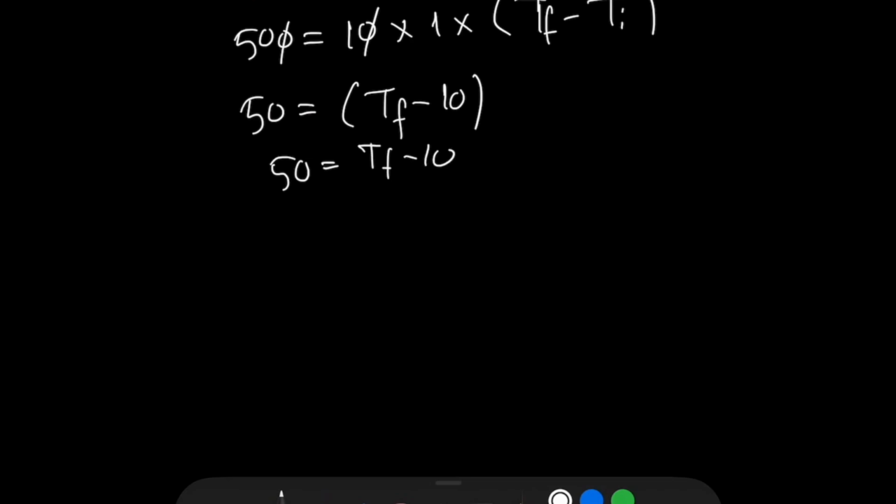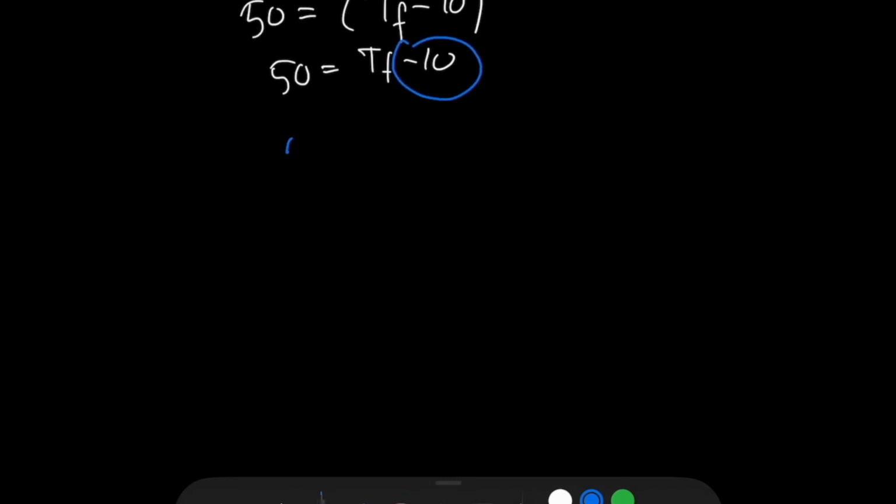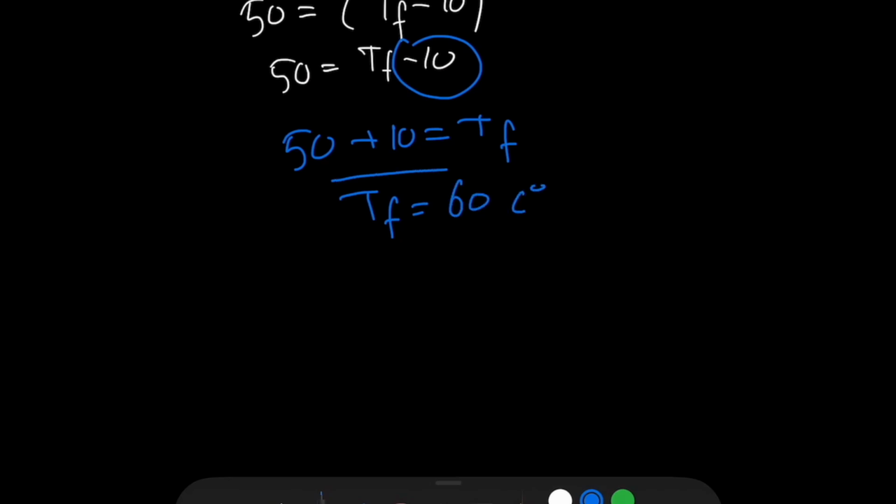Let's isolate this one. So 50 plus 10 is T final. Okay, T final must be 60.